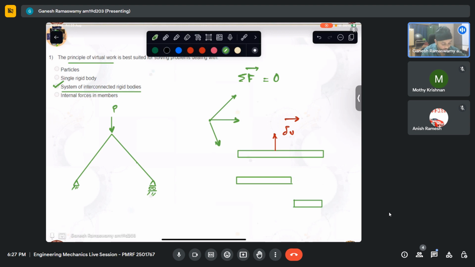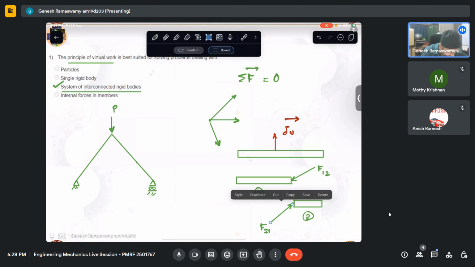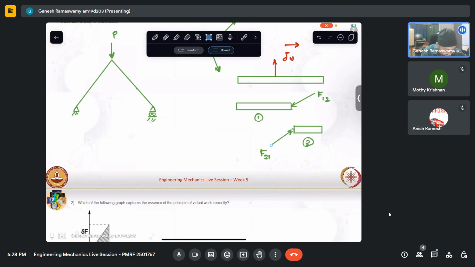Now this is free body 1, this is free body 2. Now there will be some generalized force acting on, let us say it is this way. This is force acting on 1 applied by 2. From Newton's third law, we can see that this is force applied on 2 from 1, which will be equal and opposite. It might not look equal and opposite. Let me make it look equal and opposite. These two are equal and opposite. I hope you understand that.